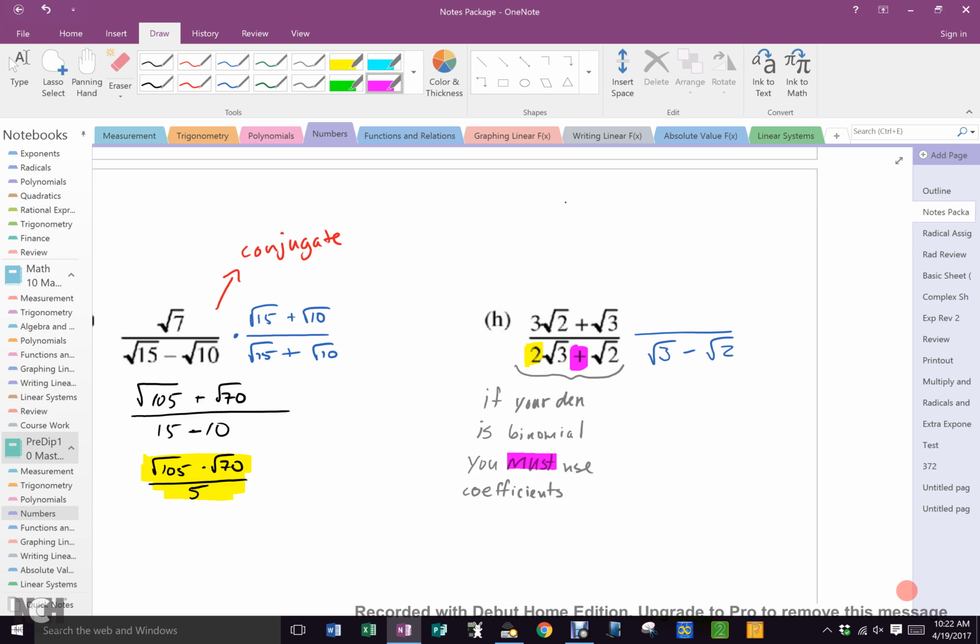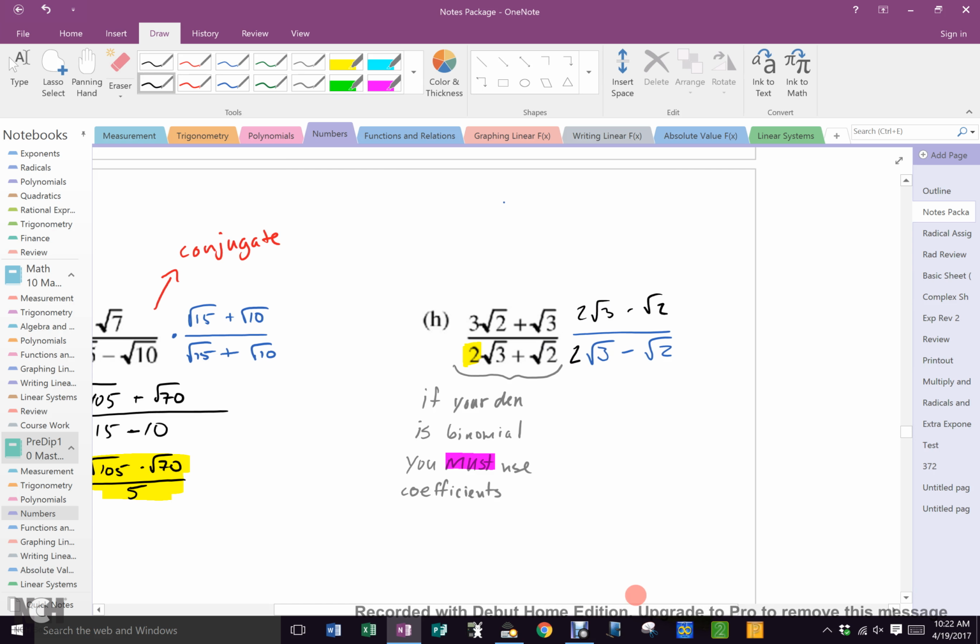Everybody cool? So, because this is binomial, I have to keep the 2. Now, will it work? Let's check. What's this on the bottom? What's 2 times 2? 4. What's root 3 times root 3? 3.